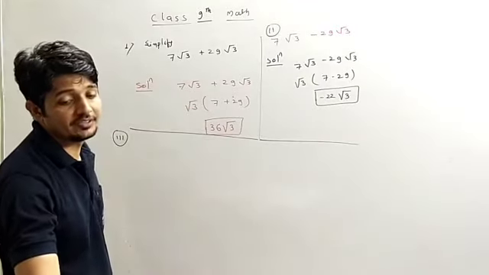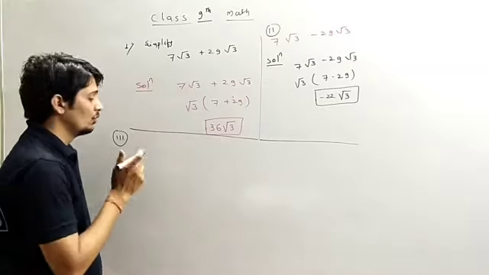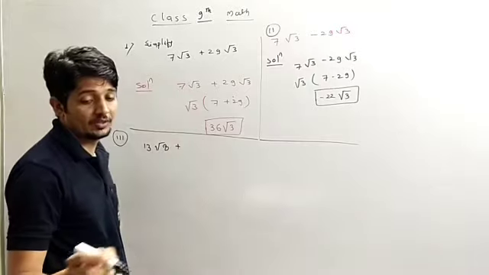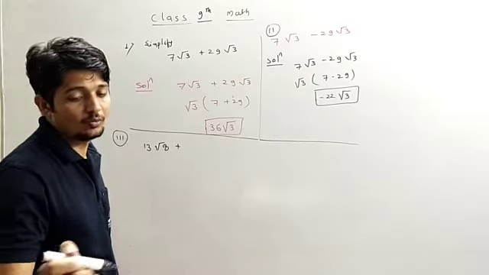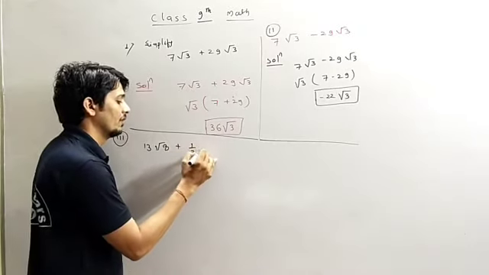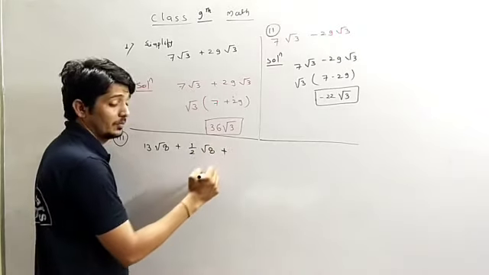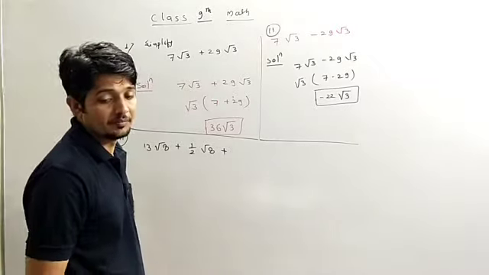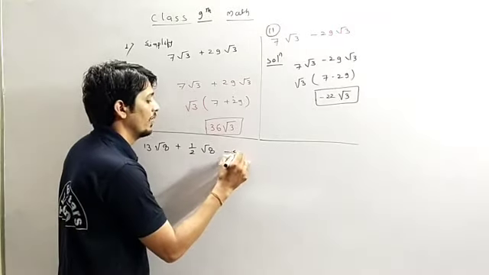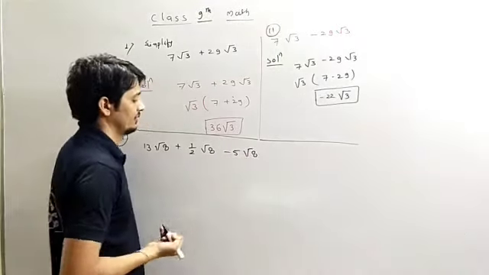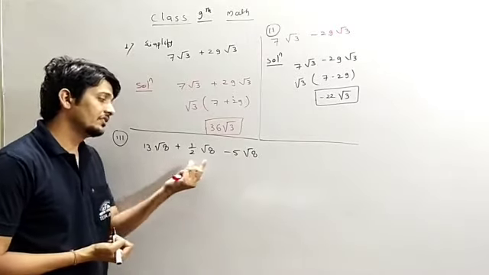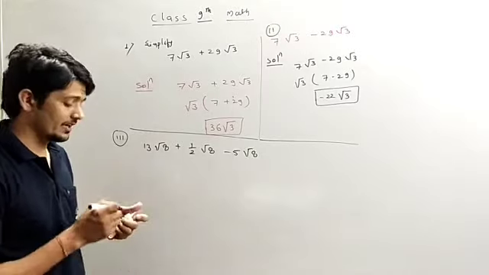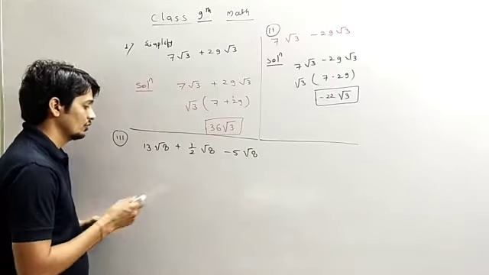Third problem says 13 root 8 plus 1 by 2 of root 8 minus 5 root 8. Okay, we have 3 surds here and we have positive and negative. That means we have to add as well as subtract. Okay, so solution.